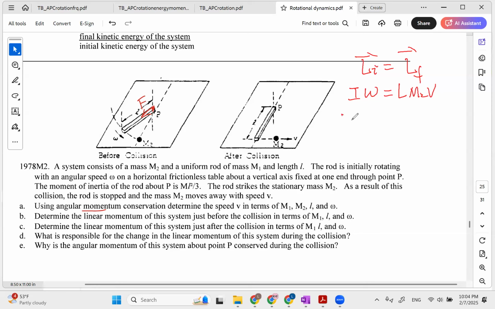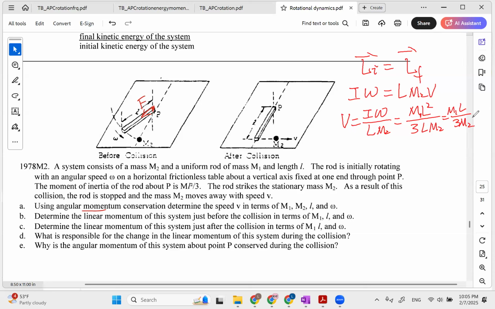So you can find that v will be equal to I omega divided by L m2, right? What is I? 1/3 m1 L squared. And then divide by L m2. So you'll get m1 L omega over 3 m2, right? This one I just show you how to do it.